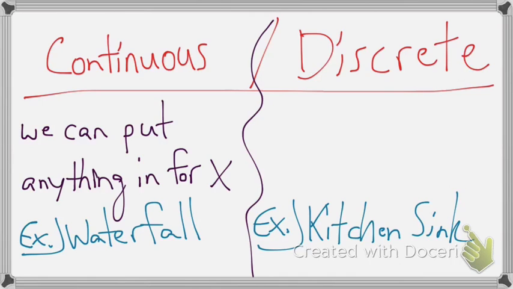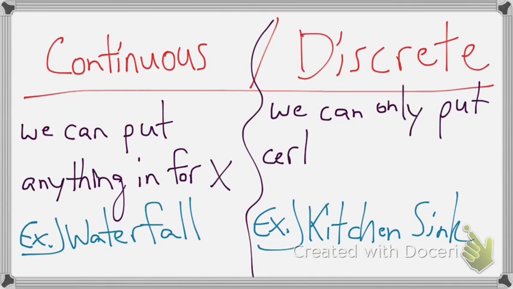Okay, so the word description for discrete is when we can only put certain things in for x. What we're talking about here is there's only certain times when your kitchen sink would be flowing with water.